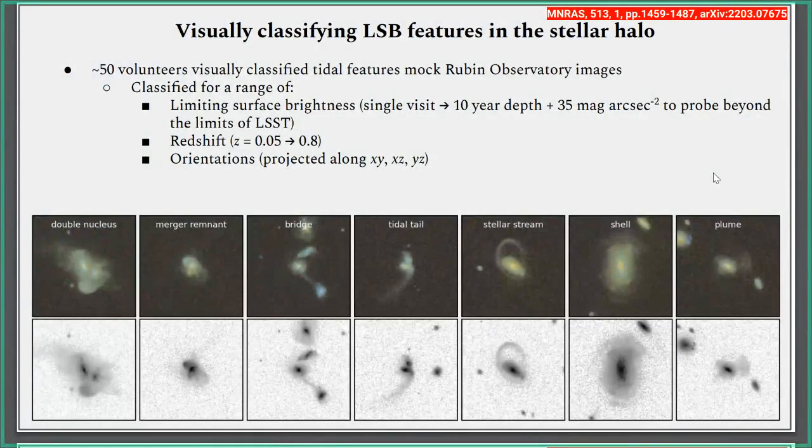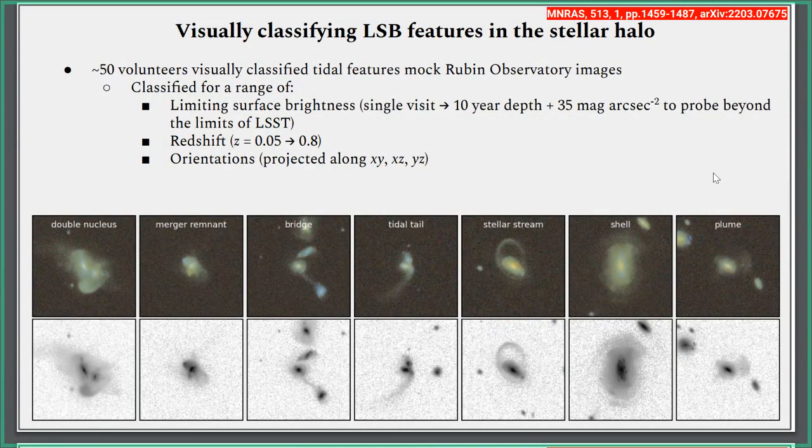The second exercise we did here was to produce Rubin-like mock images. You can see here that the simulation produces a range of tidal features that we expect to see in reality. And we asked a group of 50 expert classifiers to look at these images and try to characterize and count the tidal features that they see within these synthetic images.